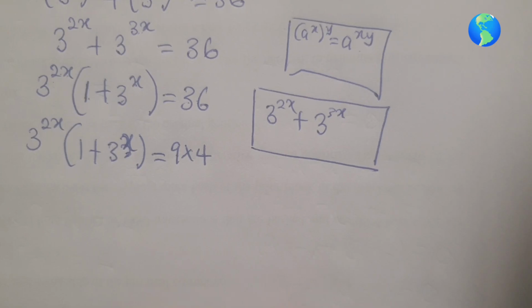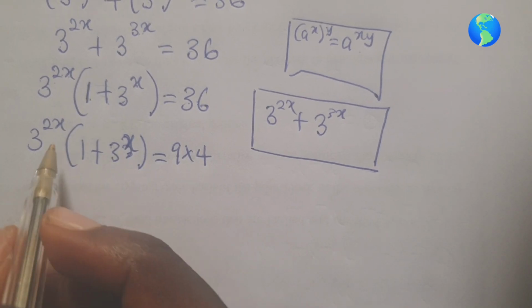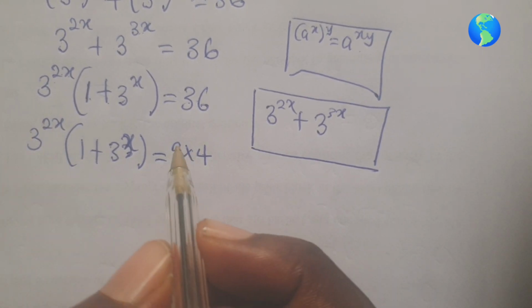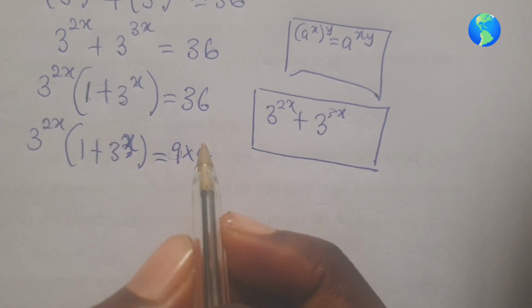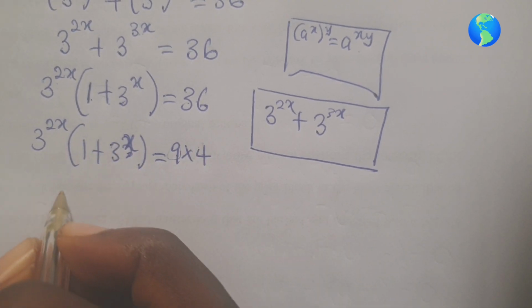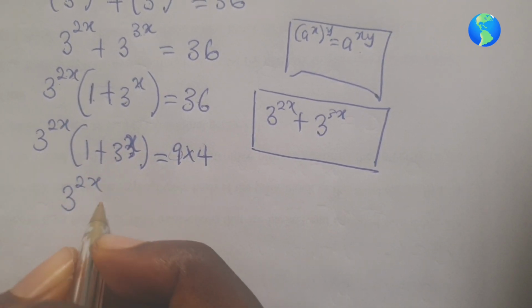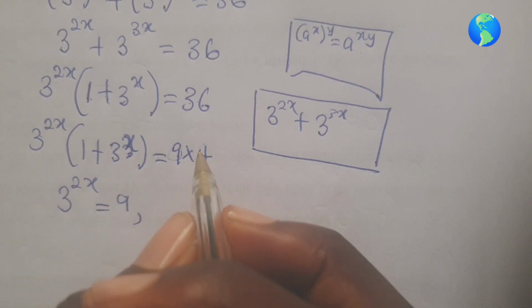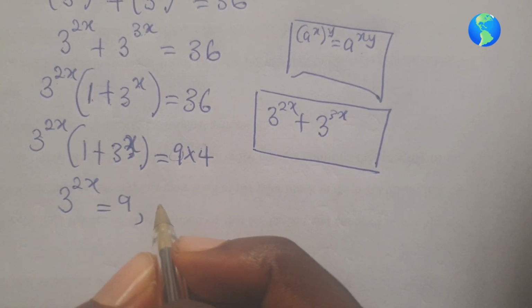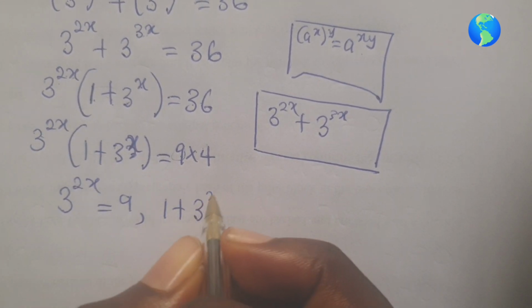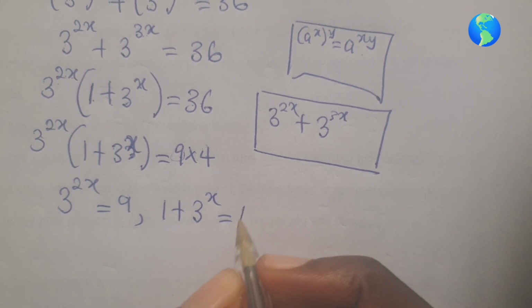So I believe it's safe to write it that way. So next is, I want to equate this to be this and this to be this. We are going to have something like 3 power 2x equals 9 for the first part, and also 1 plus 3 power x is equals to 4.